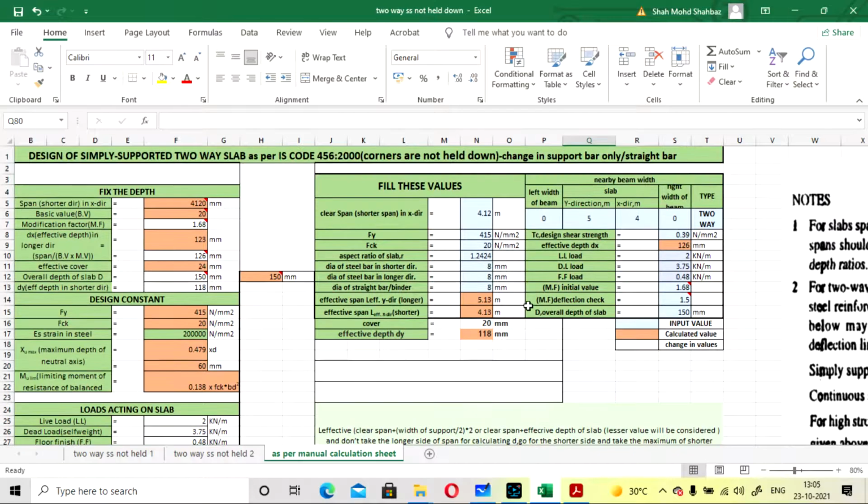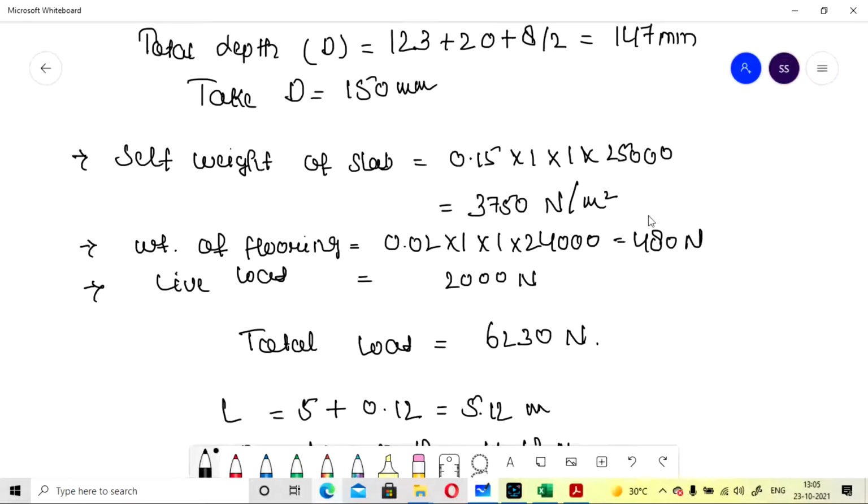I will add this Excel sheet in the same sheet that we have done before, as a different sheet, so you can go and cross verify from that also. Okay, I will add this sheet in the same one, so you can download that. Okay, so for 1 meter, kilonewton per meter square.